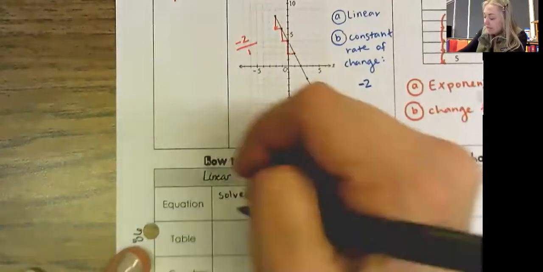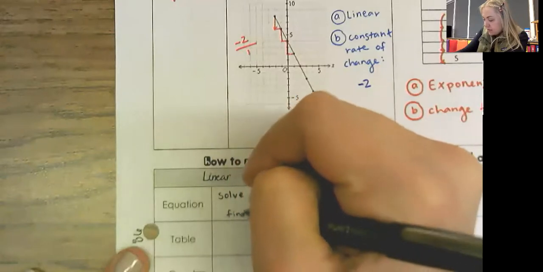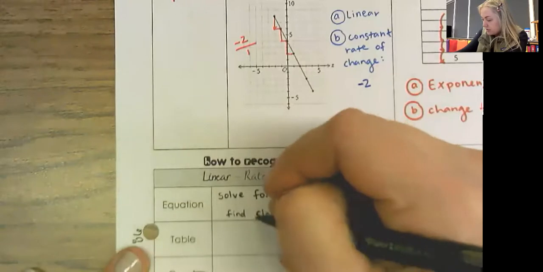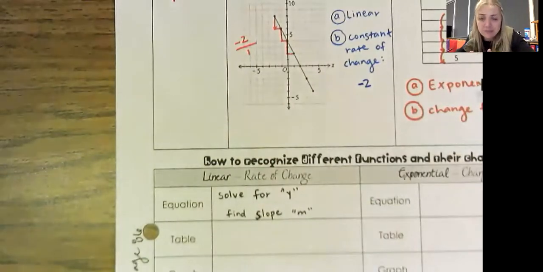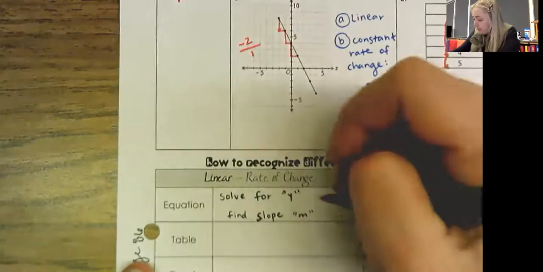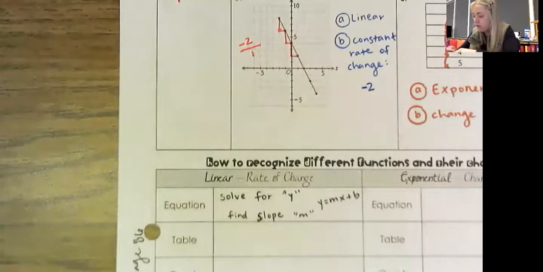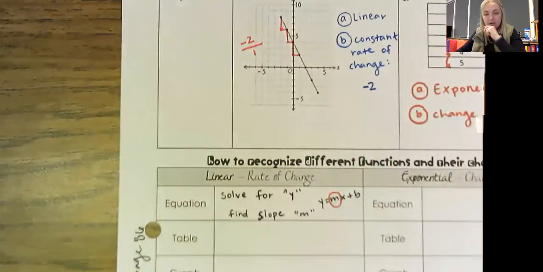Once you solve for y, then you are going to find slope. And remember, your slope is just the m value. It's in front of your x. Y equals mx plus b. This guy right here, directly in front of x, so that is going to be a constant rate of change.